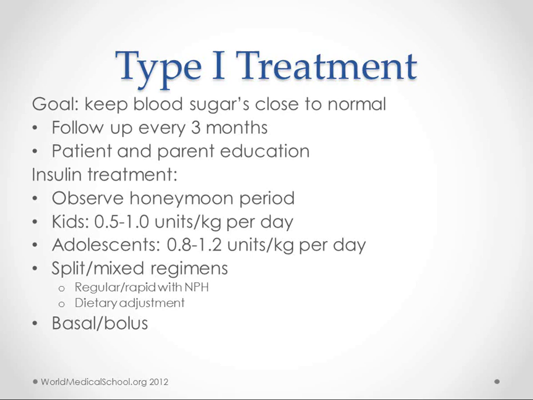During that period, they're going to be using less insulin. But virtually all type 1 diabetics will lose all pancreatic function at some point. So this honeymoon period will end, and you're going to have to change your dose. Kids get 0.5 to 1 unit per kilogram per day.